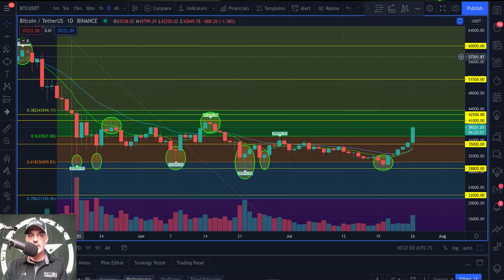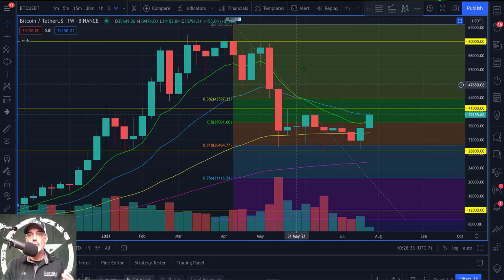And so again, jumping back to the daily chart, we got the sell-off, we get the bounce into resistance, we continue to sell off, and now we are seeing a pretty good bullish reversal. And for this bull trap to complete, we would need the price to breach above prior resistance of around 41 or 42,000, and then roll over and sell off perhaps back down towards support of 30,000 to 28.8.